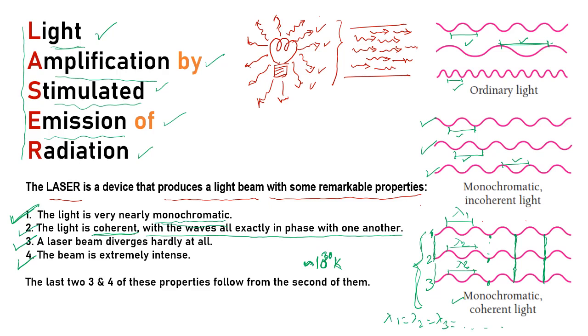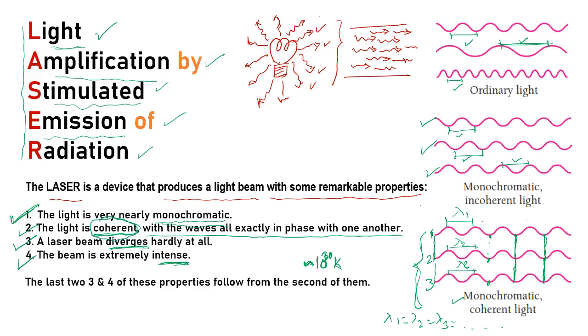And you see, the two properties, low divergence and intensity, follow from the property of all the rays of the laser beam being coherent. So these two properties directly come from coherency.